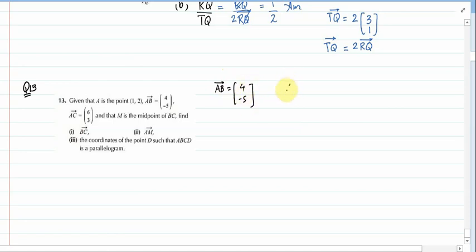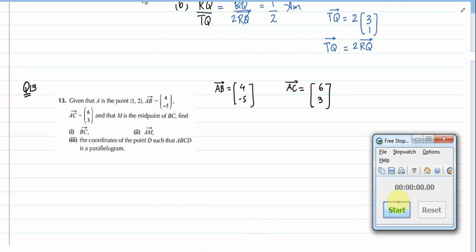You have the vector AC, that is 6 and 3. M is the midpoint of BC. Find the vector BC. First, do it by yourself. You have a 1.5 minute time. Start.